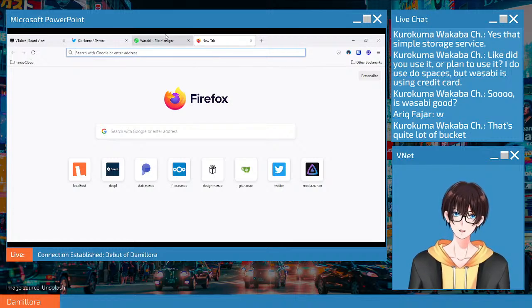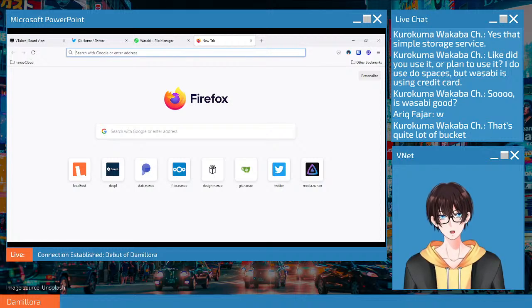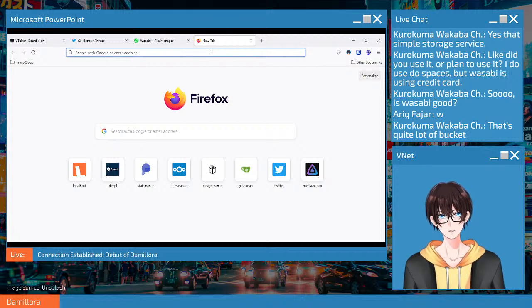So that's it about Wasabi and S3. I must say that S3 is like the pioneer in the object storage space, because if not the pioneer, it's the most famous one. A lot of people have made S3 compatibles, because the Amazon Web Services ecosystem is quite wide.